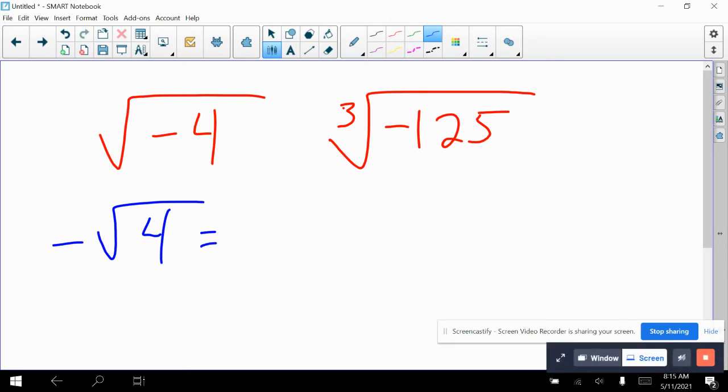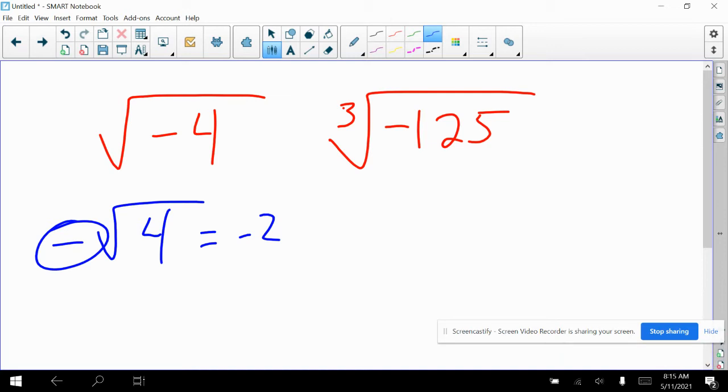Okay, here we can come up with -2 because the negative's on the outside. Very good. Remember, you had that on your quiz, actually. Okay, what about cube roots? Are those imaginary numbers? Or can we get a numerical answer here? This goes back to chapter 1, by the way.